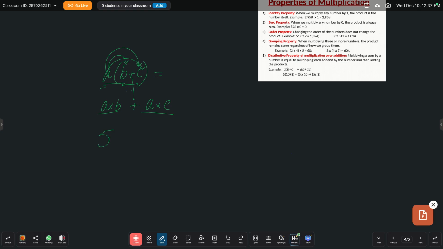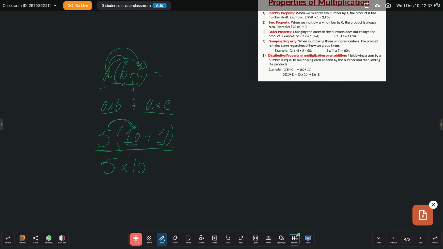Let me take another example. For example, I have 5 outside the brackets, and inside, 10 plus 4. What will this be equal to? This will be equal to 5 multiplied by 10. This number that is present outside the bracket is in multiplication with both of these addends.